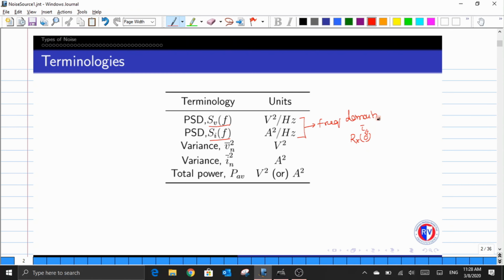Under such a condition, one could convert the power spectral density by integrating from minus infinity to plus infinity across the power spectral density of a random variable x in the frequency domain, and this result in turn gives us what is known as the total average power in the time domain.